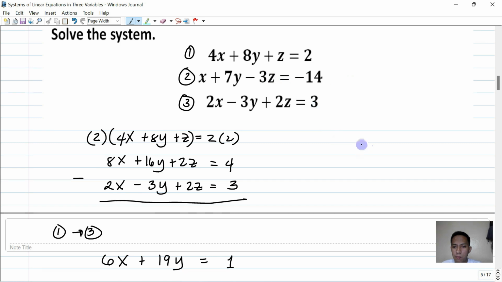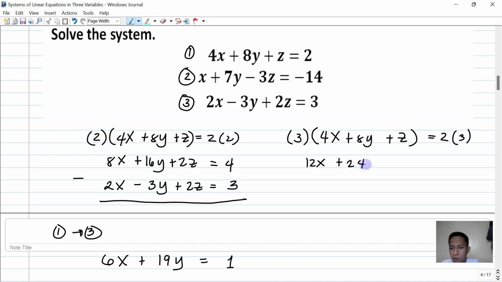So, ito magiging 4x, okay, 4x plus 8y plus z equals 2, and we will multiply both sides by 3. Okay, so this is multiplied by 3, and this becomes 3 times 4x, that is 12x, and 3 times 8y, that is 24y. So 3 times z, that is 3z, and 2 times 3, that is 6.